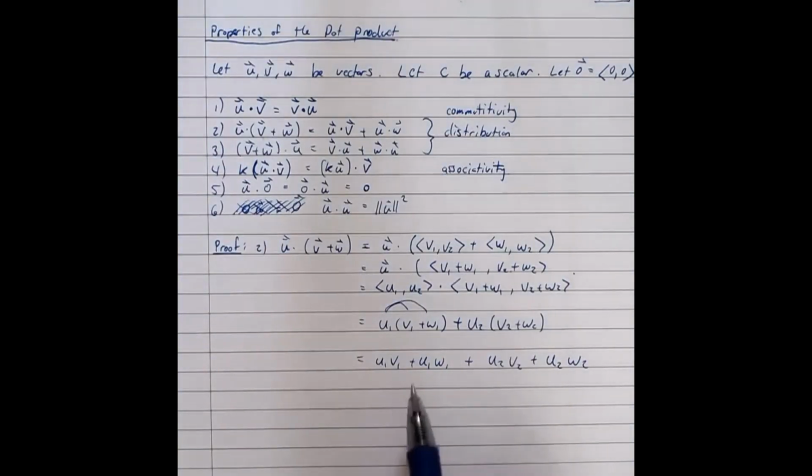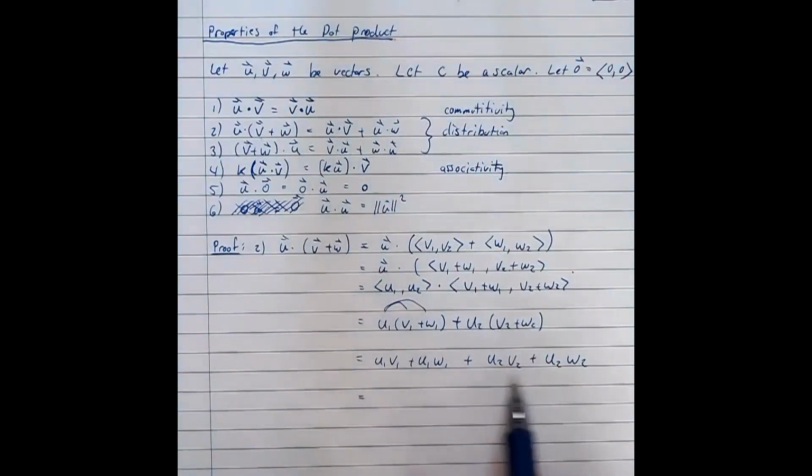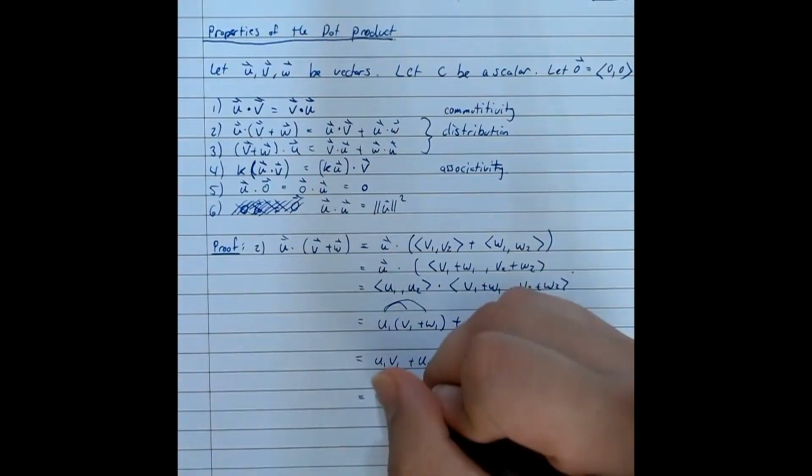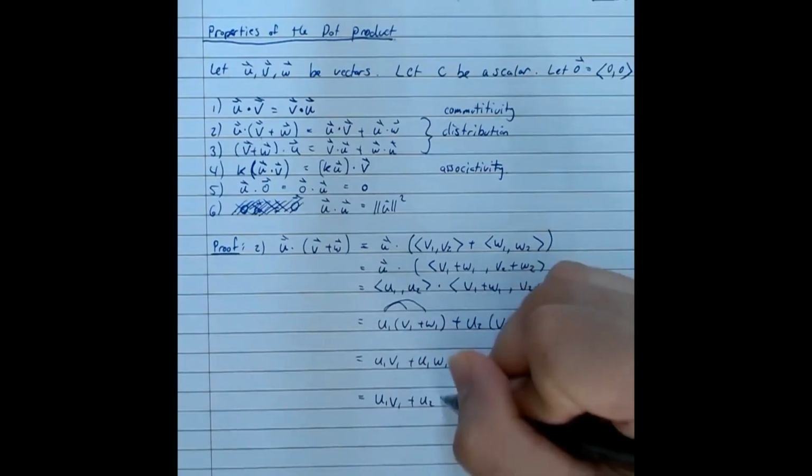Oh, but notice now, this is U1, U1, U2, U2. Well, you know, let me reorder these. After all, these are just additions. A number plus a number plus a number plus a number. I can add numbers in whatever order I like. So here, let me write this as U1V1 plus U2V2.